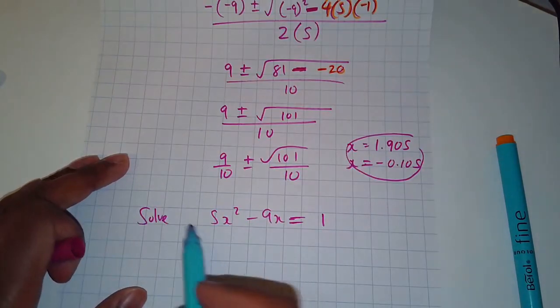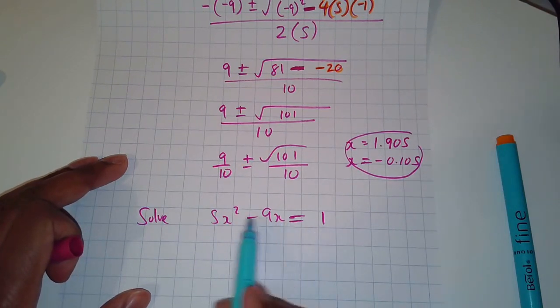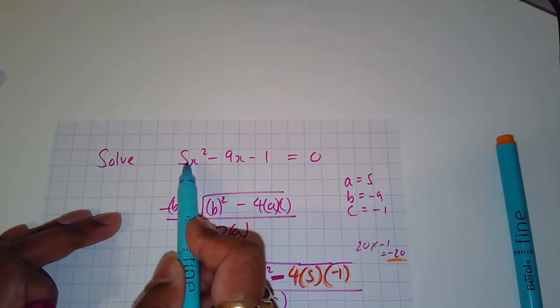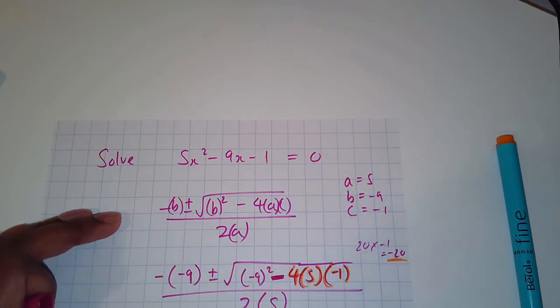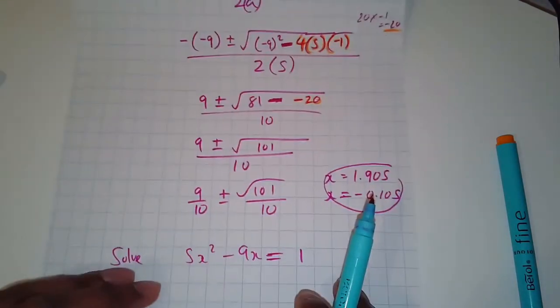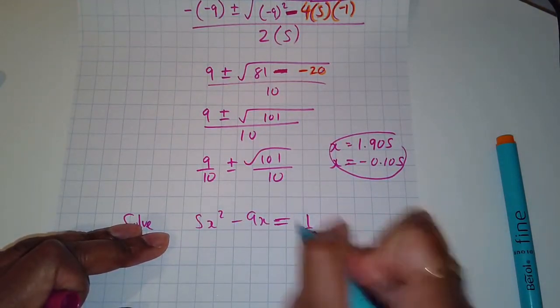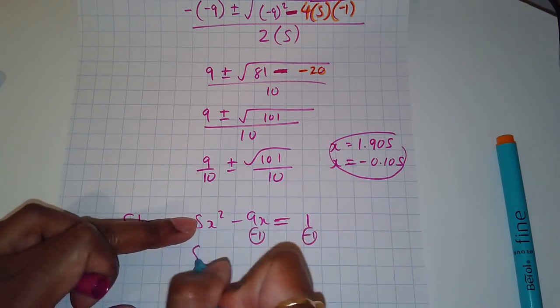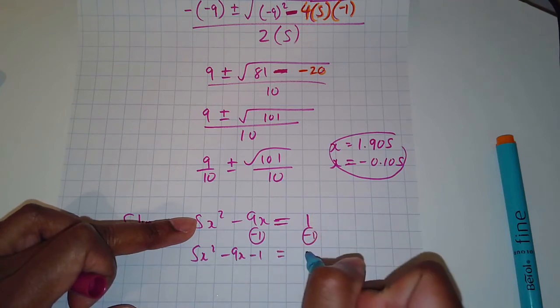Now, just in case you're asked to solve this, at the moment, you can't use the quadratic formula on this one. It needs to have a 0 on one side. It needs to be a quadratic with a 0 on one side of the equal symbol. So what you can do, just prepare it, just subtract the 1 from this side to get 0 over here. Whatever you do on this side, do it on the other side. That'll be 5x squared minus 9x, take away 1, is equal to 0.